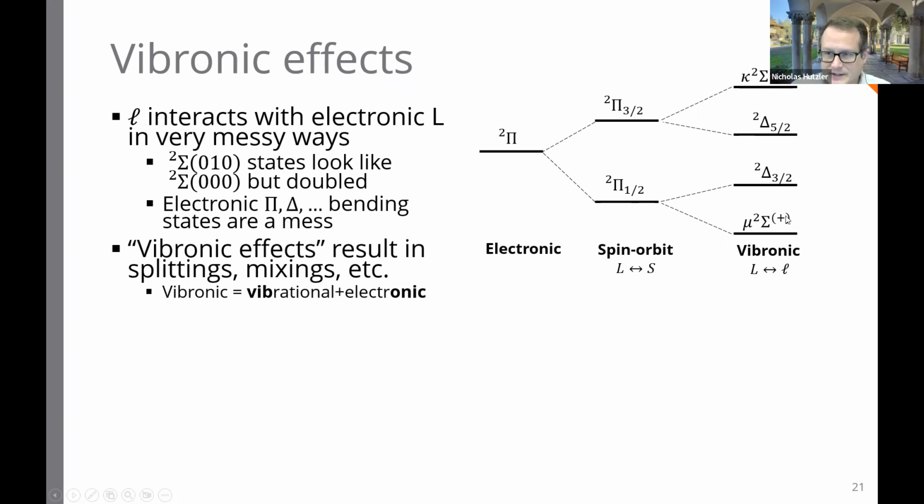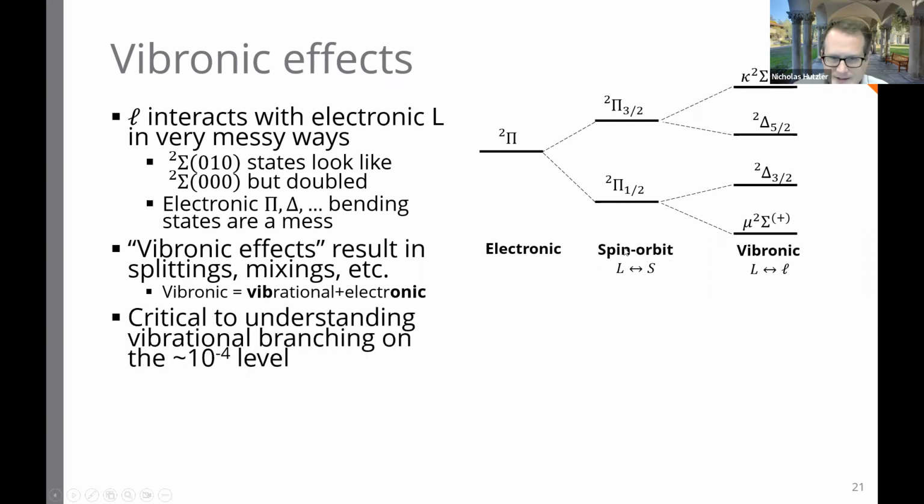And these states are all very complicated. They look very different. And they often are very heavily mixed and very perturbed. So you get more, messier interacting perturbing states. And it can get really out of hand really fast.